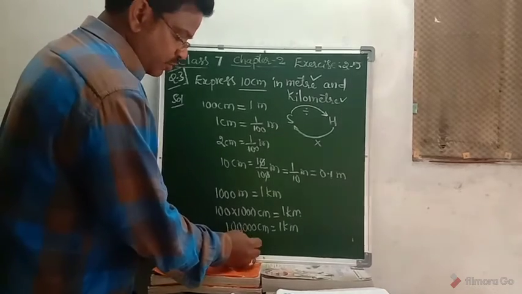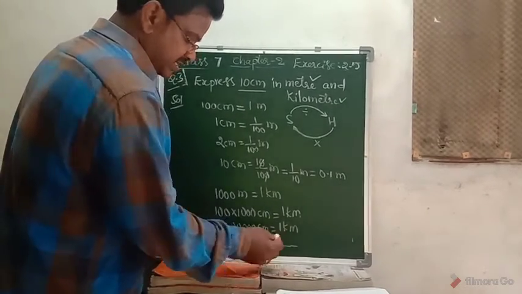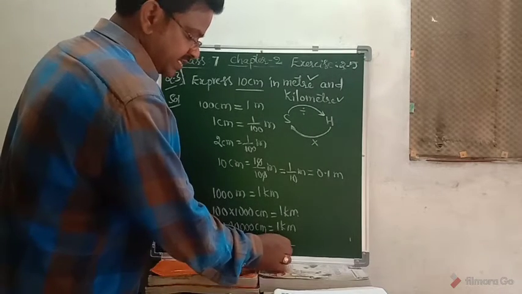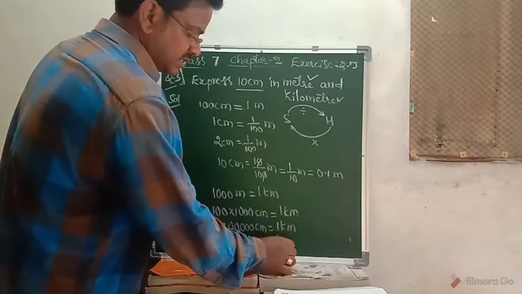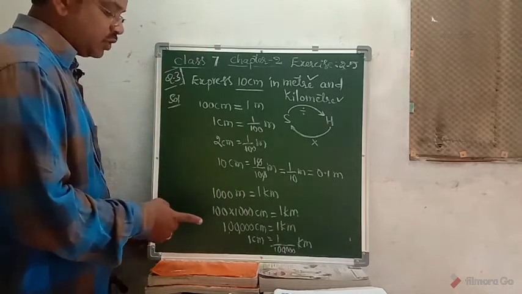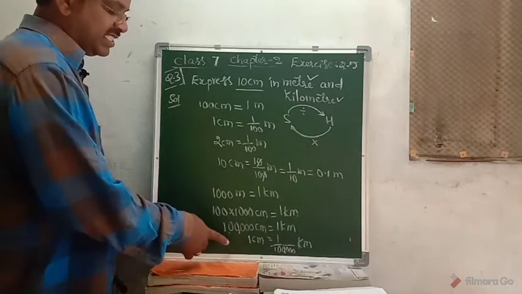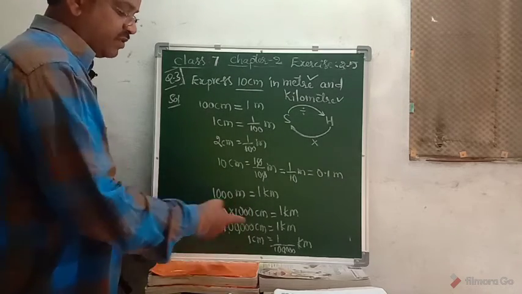So 1 centimeter is 1 by 1 lakh kilometers, 2 centimeters is 2 by 1 lakh kilometers, and 5 centimeters is 5 by 1 lakh kilometers.